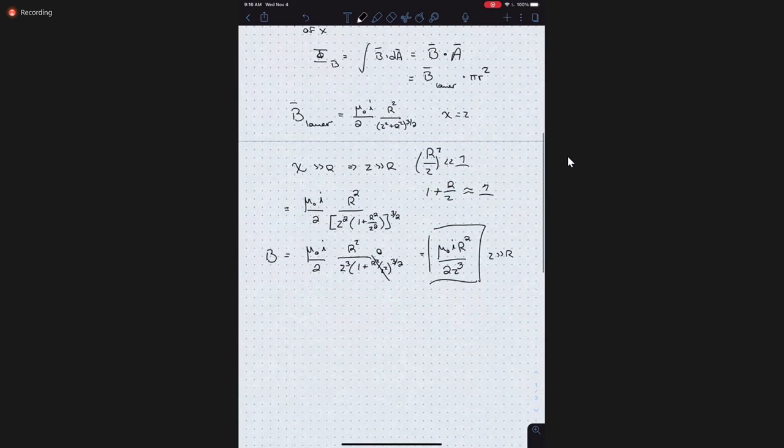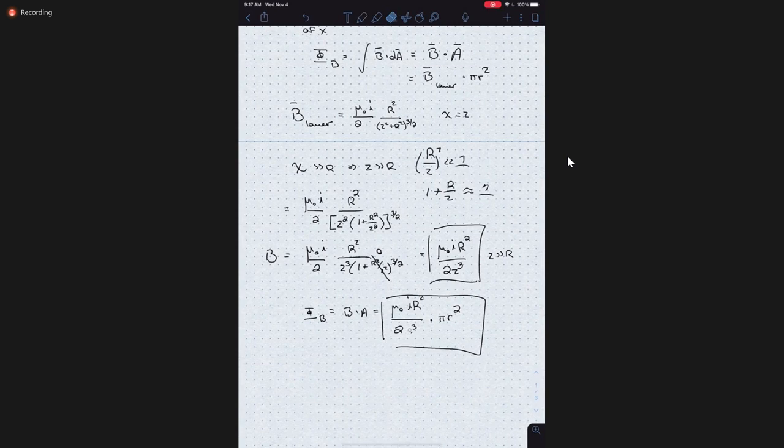Okay, so now finally putting it all together, we just want to know the flux, right? So this is just equal to B dot A, which is equal to mu naught I r squared over 2z cubed multiplied by pi little r squared. There we go. That's the flux as a function of the separation.